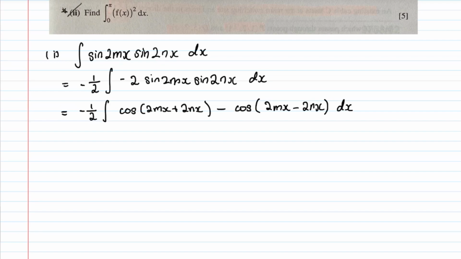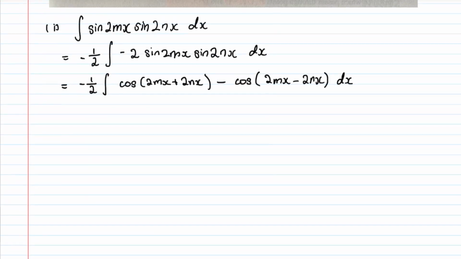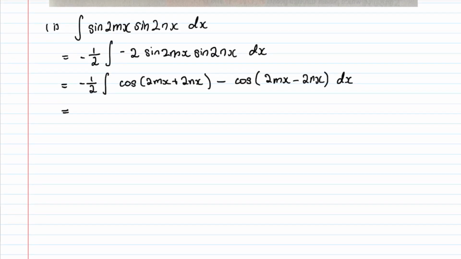Now that you've gotten this part down, we can do a bit more simplifying. You just leave the negative half there, integrate cosine. You take out the 2, because 2 is a common number, and you can also take out your m.